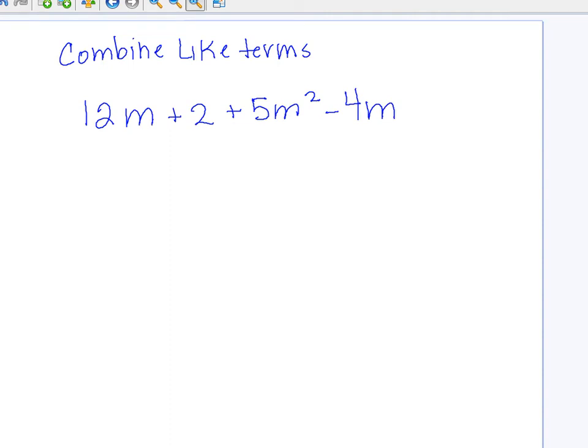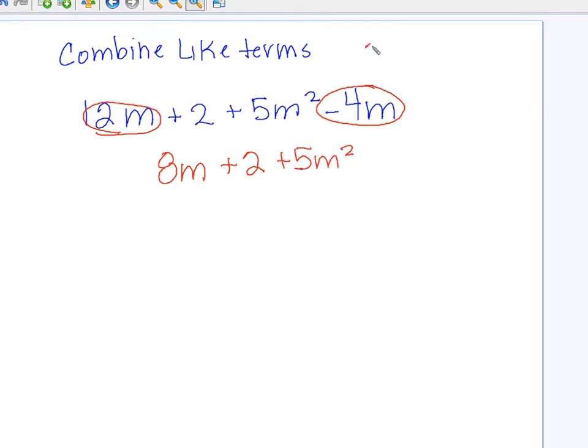And the only things that we can combine are the m's. The sign in front goes with it. 12 minus 4, 8m plus 2 plus 5m squared. So you're going to have 2 problems like that.